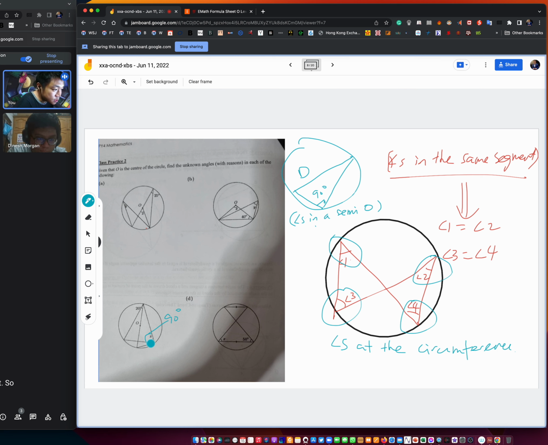So if this is 90, then I think you can start to see that if this is 20, so this is 20. Can you see this is angle at circumference, and this is also? When you do questions, it's better to use a highlighter. You just highlight this.